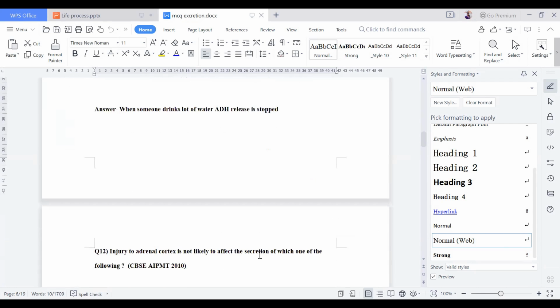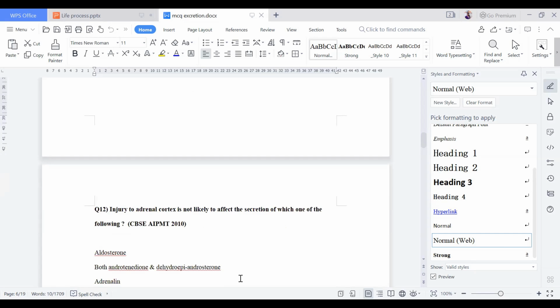Next question. Injury to adrenal cortex is not likely to affect the secretion of which one of the following? A, Aldosterone. B, Androstenedione and dehydroepiandrosterone. C, Adrenaline.